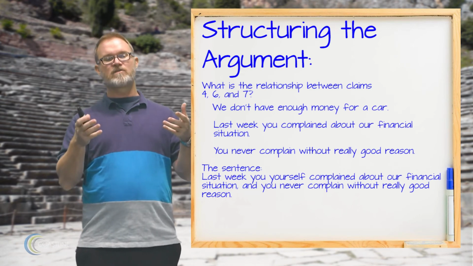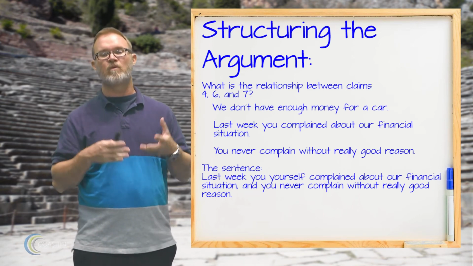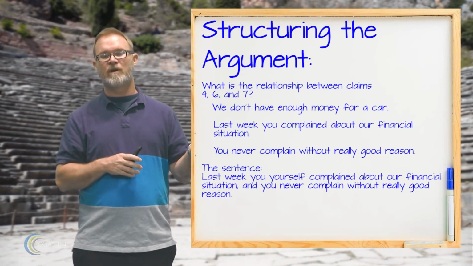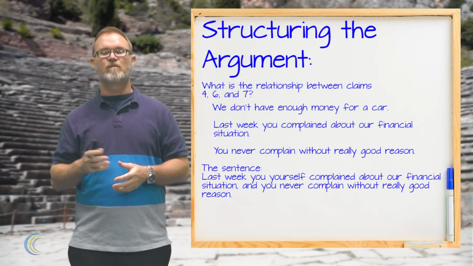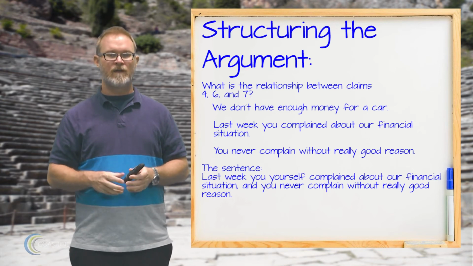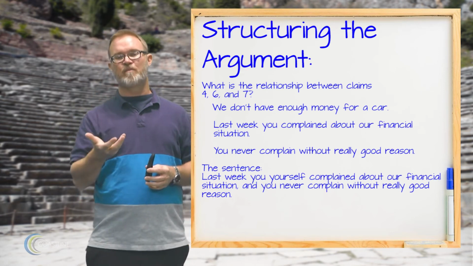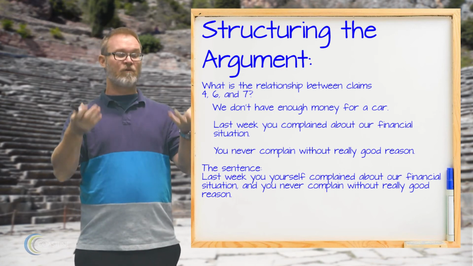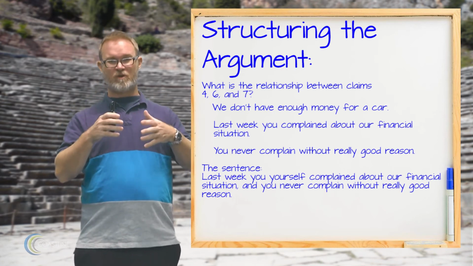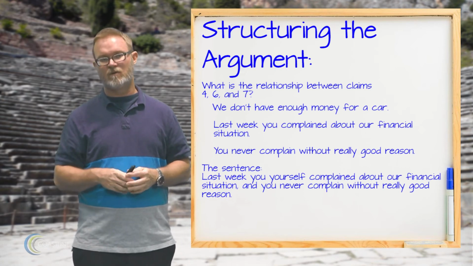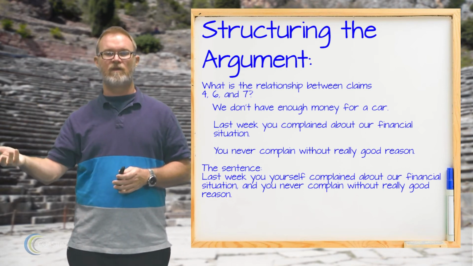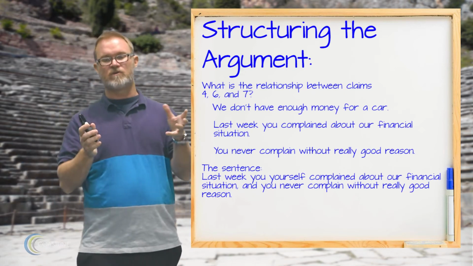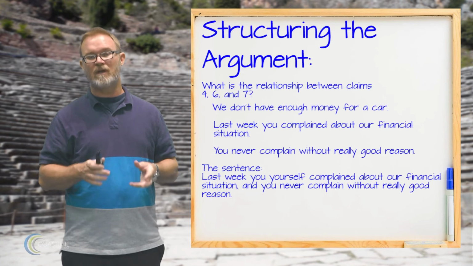And so what we have then is dependent reasons in favor of the claim that we don't have enough money for a car. Those reasons are both that last week you complained about our finances and you never complained without really good reason. Another nice indicator here that these are dependent premises is that they're both about the same thing, complaining. One says that you're complaining, and the other says that you don't really complain unless you have reason to, right? And so that's also an indicator that these are dependent premises.